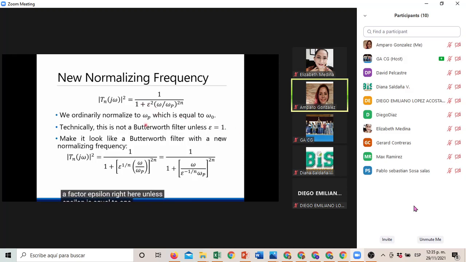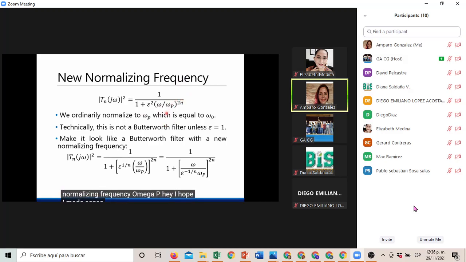Unless epsilon is equal to 1, it's not a Butterworth filter. So we can make it look like a new Butterworth filter with a new normalizing frequency. So this epsilon squared will be cancelled out. Okay, it will be cancelled out by getting a new normalizing frequency omega p.